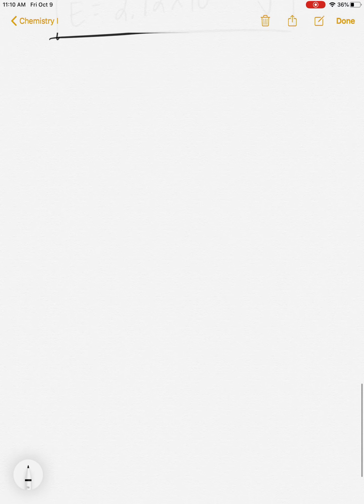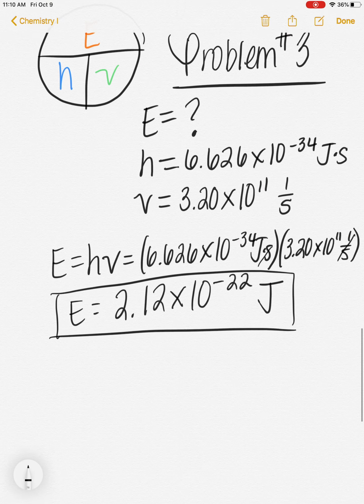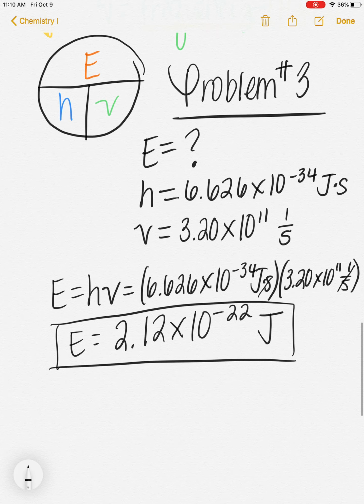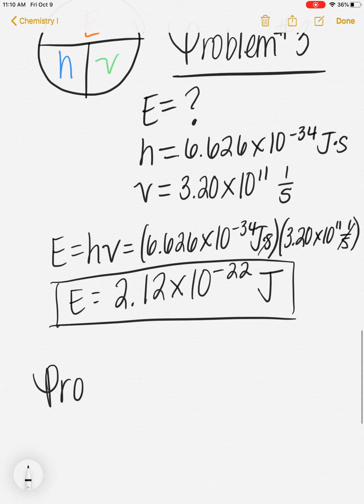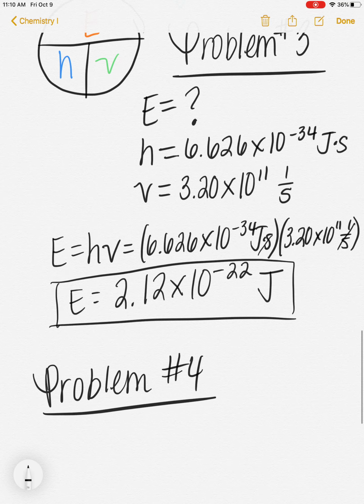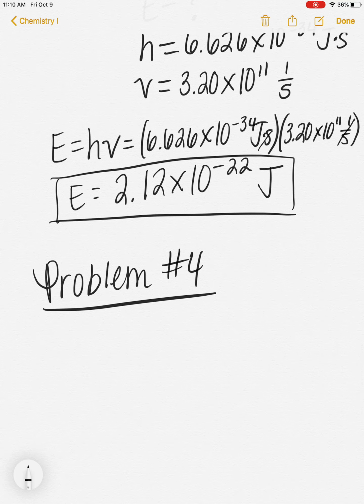Now, if you think about it, that's a really small number, as it should be, because photons don't carry a lot of energy with them. I mean, when you walk outside, it's not like you're just overwhelmed by all of the energy of the photons hitting you. All right, and the last problem, the fourth sample problem from your section 5.3 notes.